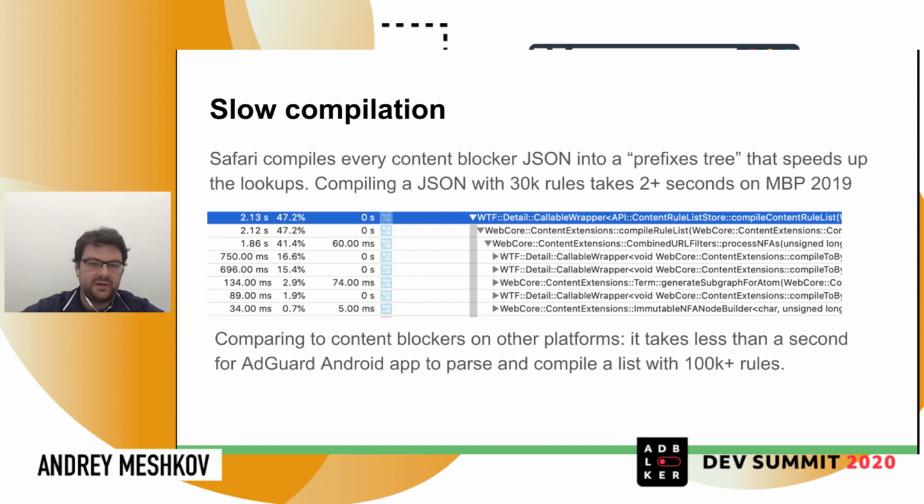For instance, it takes less than a second for Adblock's Android app to parse and compile a list with over 100K rules. The obvious difference, though, is that our Android app uses different syntax, the core syntax, which is not as complicated as regular expressions, maybe not that flexible, but it is specifically optimized for matching URLs.